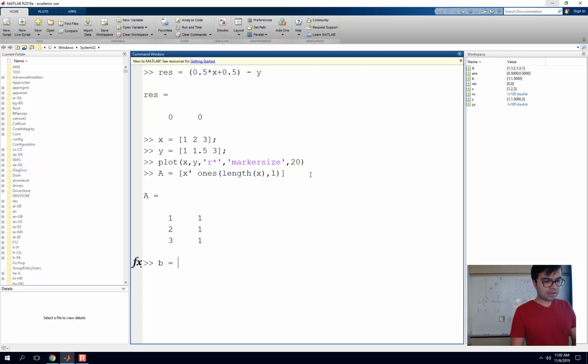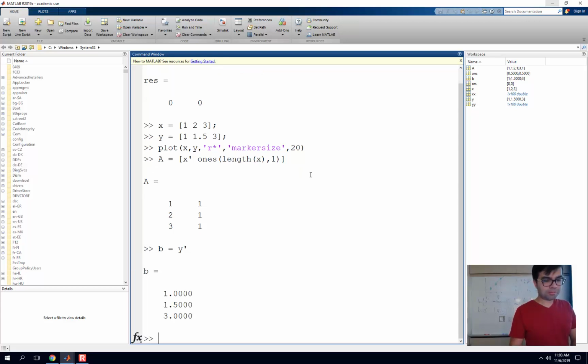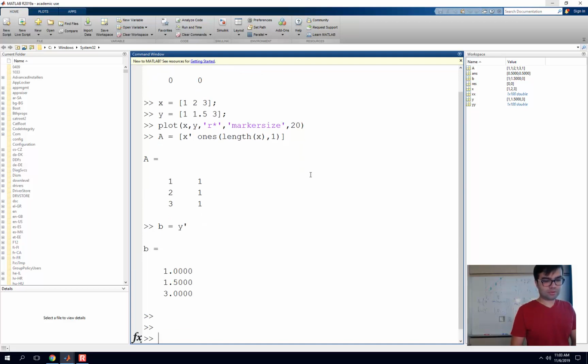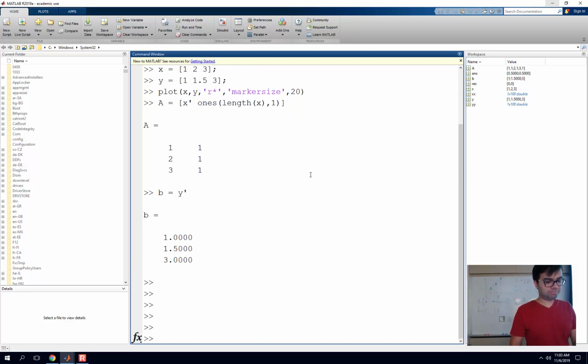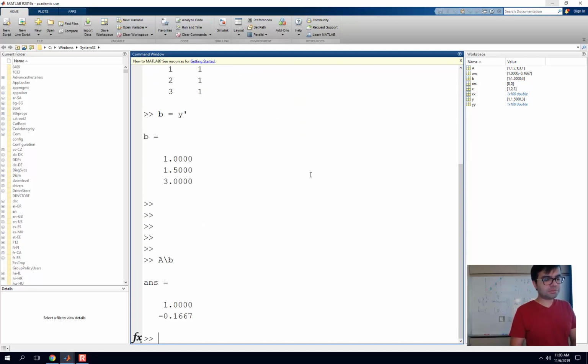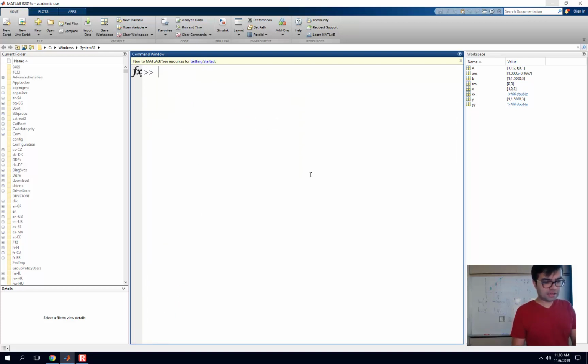B is equal to, similar to previous time, y prime. And A backslash B is basically my new alpha and beta now. Does it make sense?